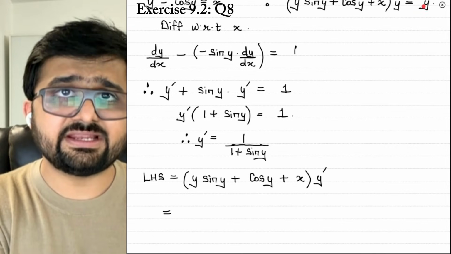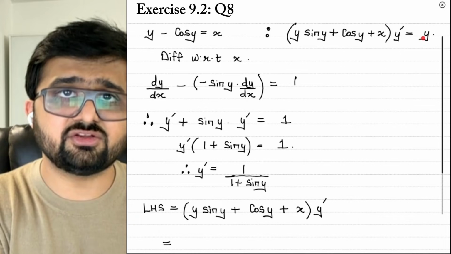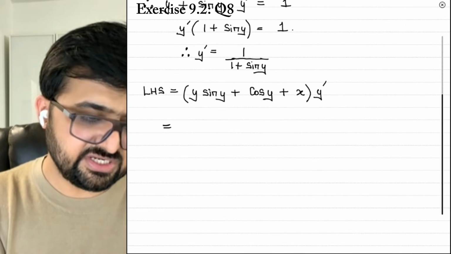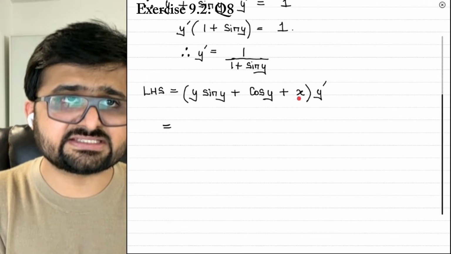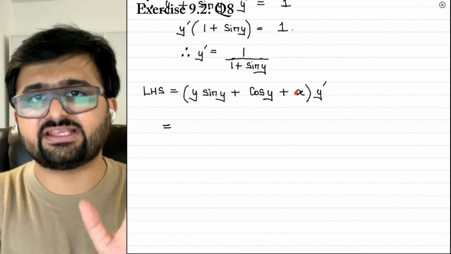Notice that on the right hand side of this differential equation, there is just y. So there is no x term at all. But in our left hand side, there is this x term. So if we want to get the right hand side, we need to eliminate that x term anyhow.